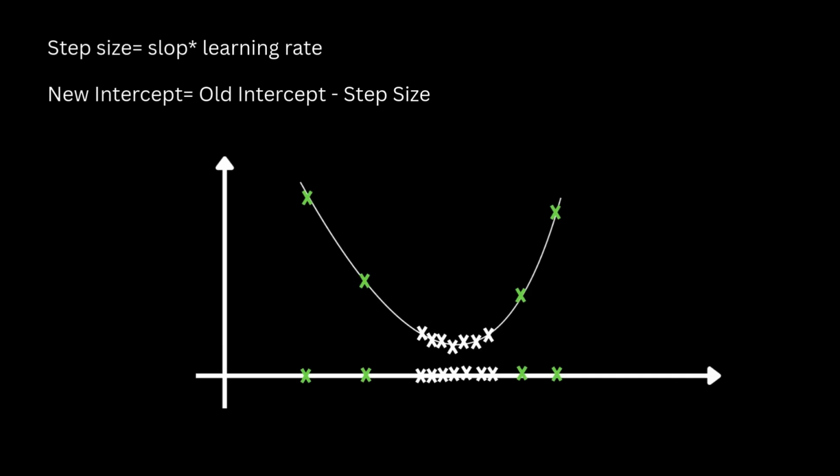When it comes to the green mark, the slope is high, so slope into learning rate has some value, and the new intercept will be the old intercept minus that value. That's why we can see a huge difference in higher slope regions.